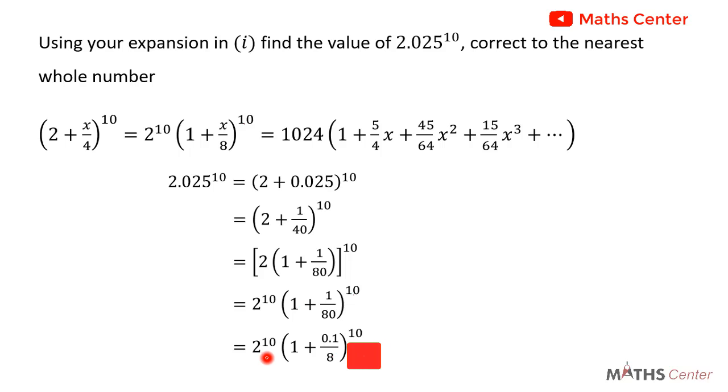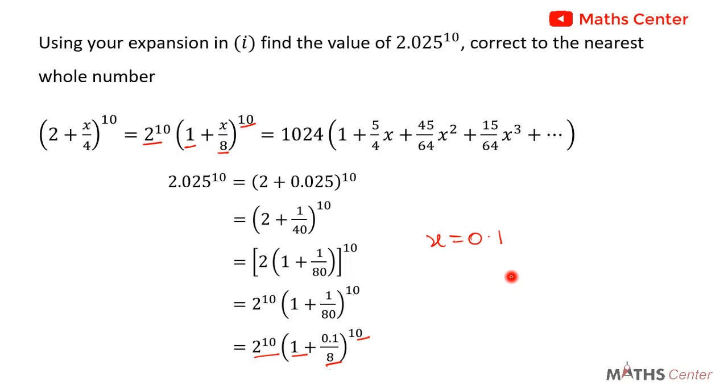Now by comparison, we have 2 exponent 10 here and here, 1 here and here, the exponent 10 here and here, and the denominator here is 8 and here is 8. The numerator here is x, and here it is 0.1. So it means that x is equal to 0.1.